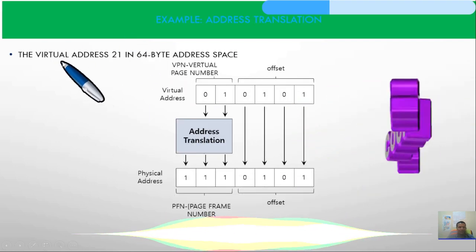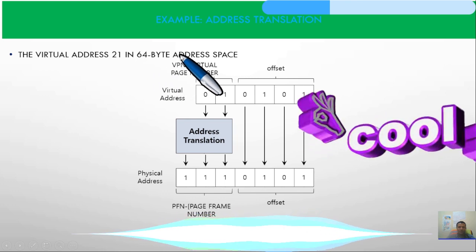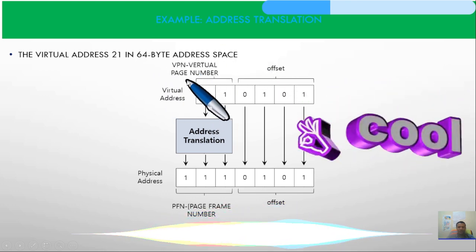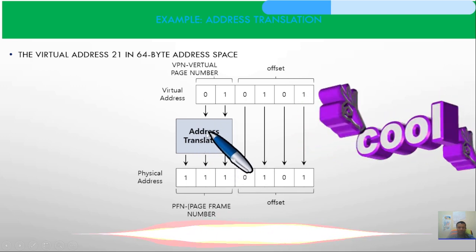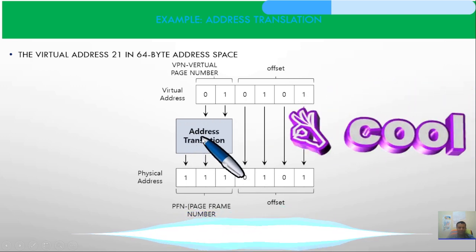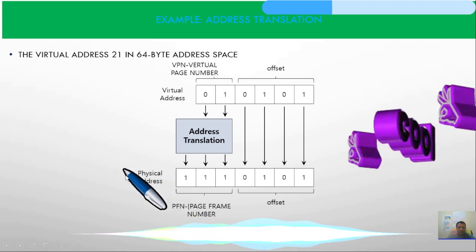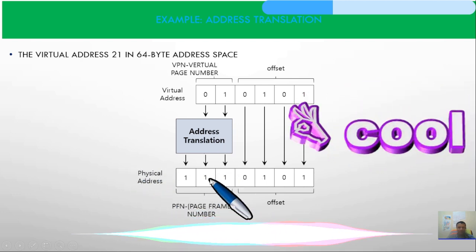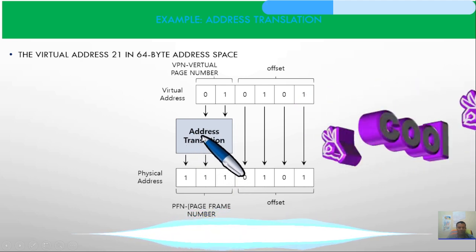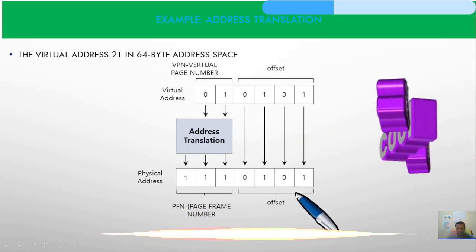Through the address translator, the virtual page number will be translated into the physical address, and this will be the page frame number, PFN. So this is how the translation works.